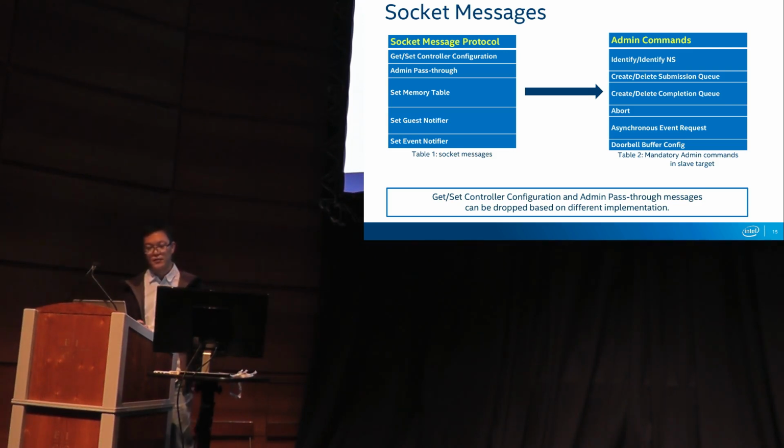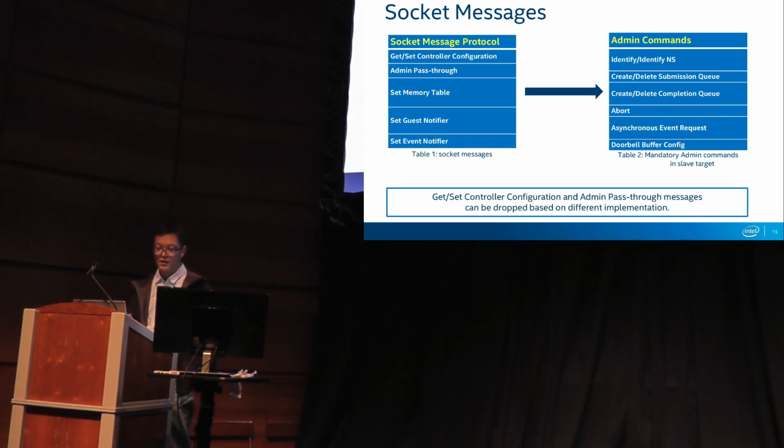And we added two extra socket messages to implement the NVMe protocol. The first one is the admin pass-through command. This command is used for the slow path in the NVMe spec. We embedded some mandatory admin commands in this admin pass-through socket message to implement the software solution. The other one we call set or get controller configuration.